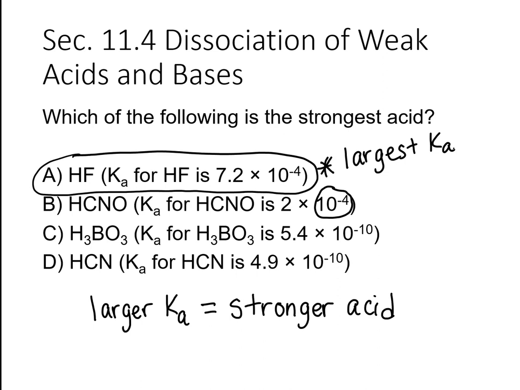Does that help? If it asked for the weakest acid, then the answer would be C, because you'd want the smallest Ka.